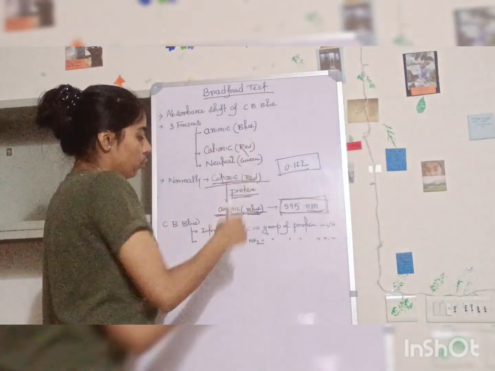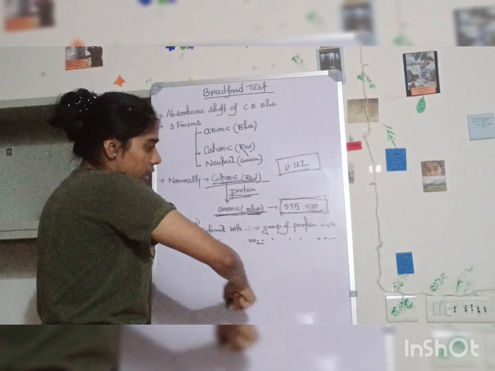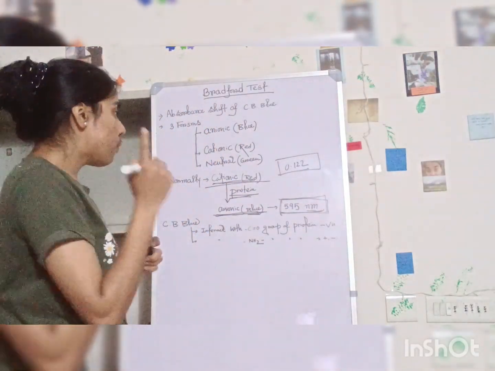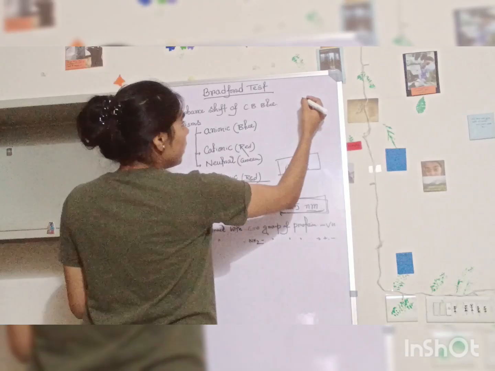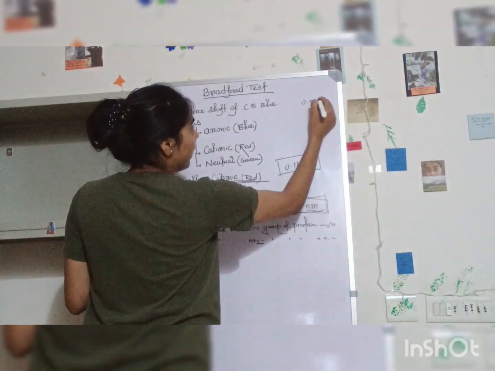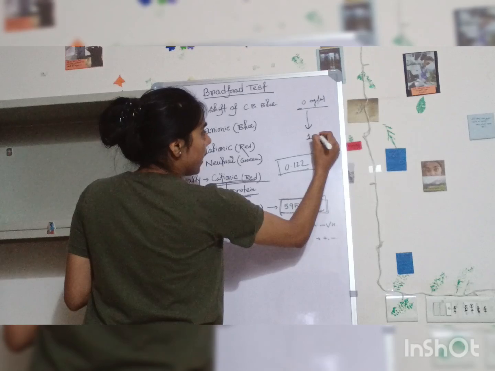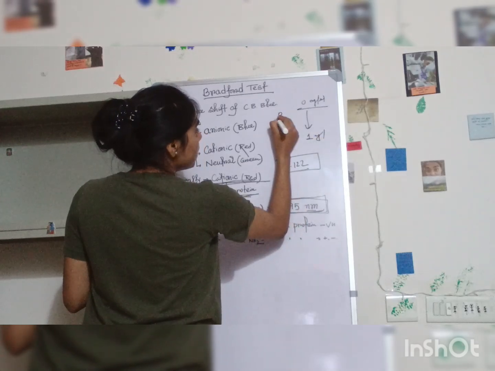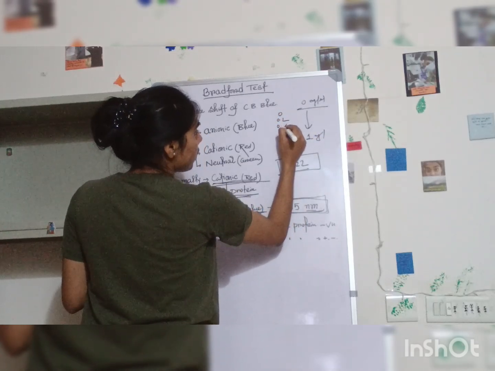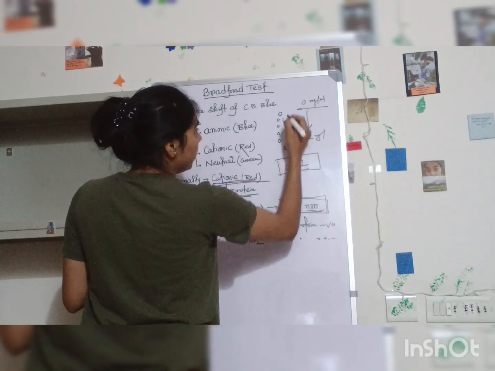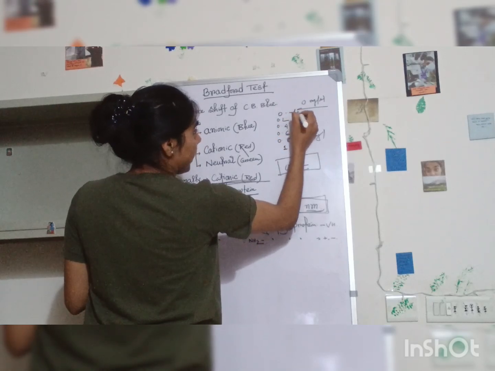Before the Bradford test of an unknown sample, we first make a standard curve. What is a standard curve? We first take protein from 0 mg per ml to 1 mg per ml. Let's say 0, 0.2, 0.4, 0.6, 0.8 and 1 mg per ml.